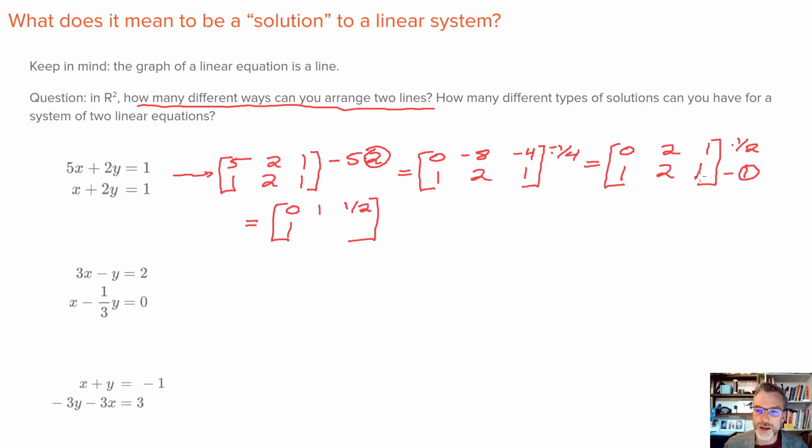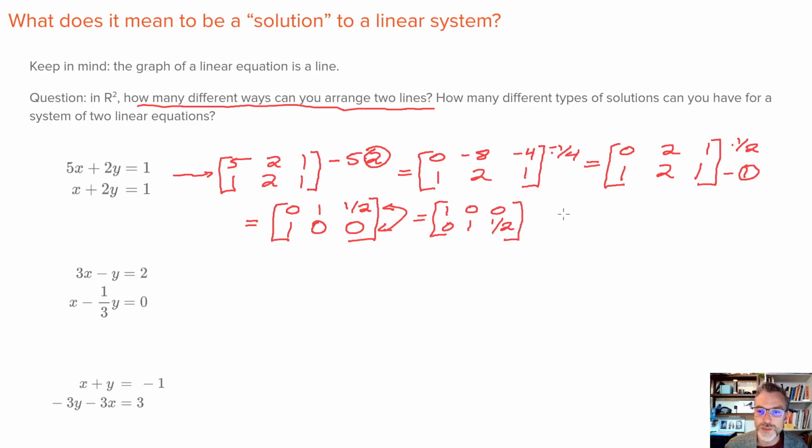I'm subtracting the first row, as it stands over here, from the second row. So it's going to be 2 minus 2, so 0, and then 1 minus 1, it's going to give me 0 as well. Then, just to put a bow on it, I'll switch the rows around. I got 1, 0, 0, and then 0, 1, 1/2.